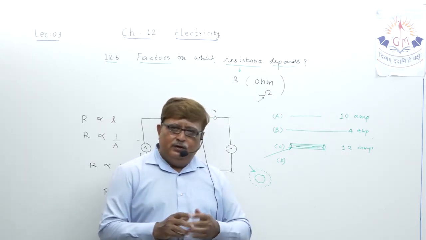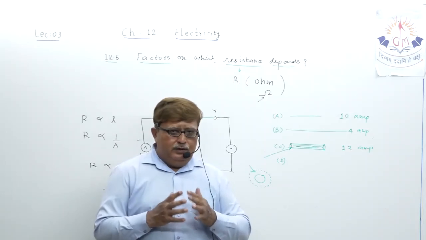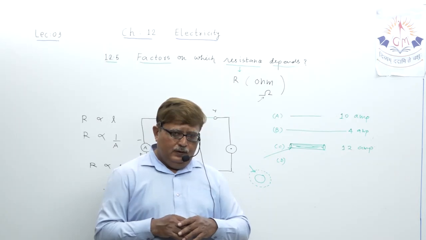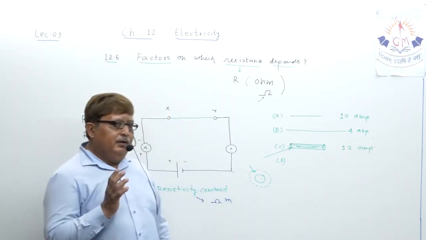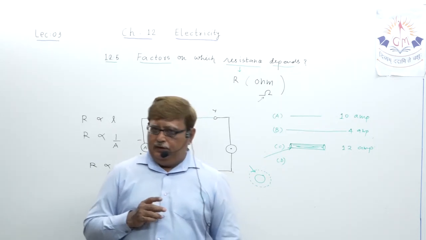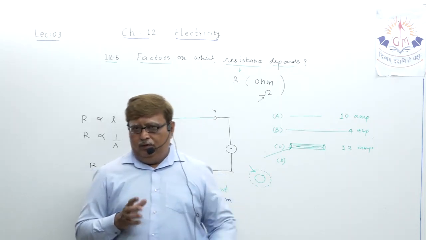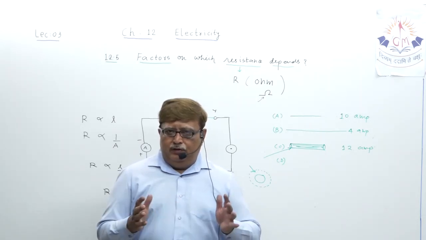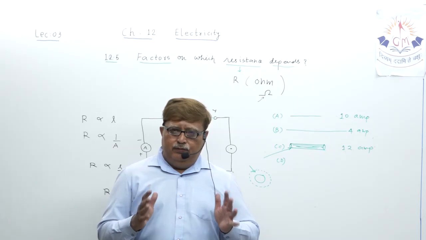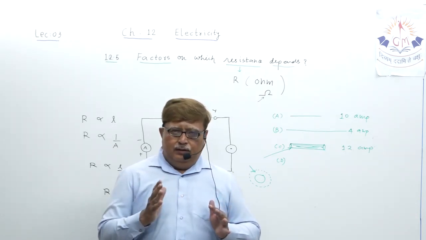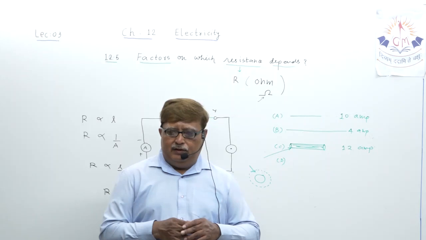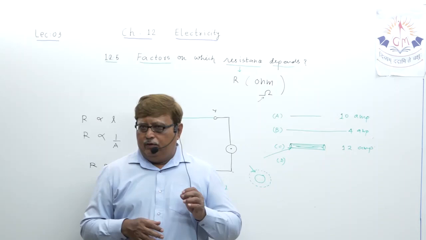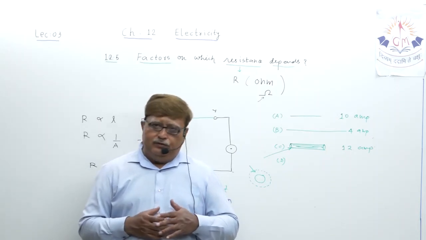Okay, my dear student, so this is our discussion regarding resistance. Make your mind very clear. Our three lectures were planned for complete discussion of V, I, R. I is electric current, V is electric potential and potential difference, R is resistance.